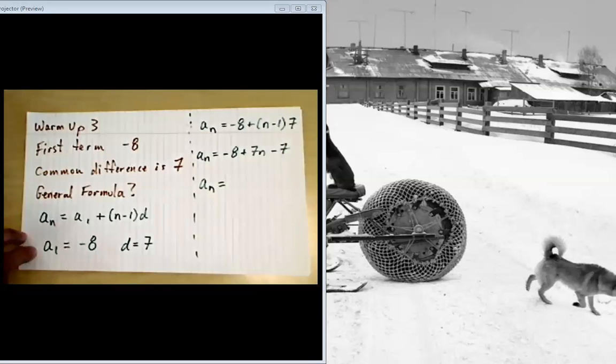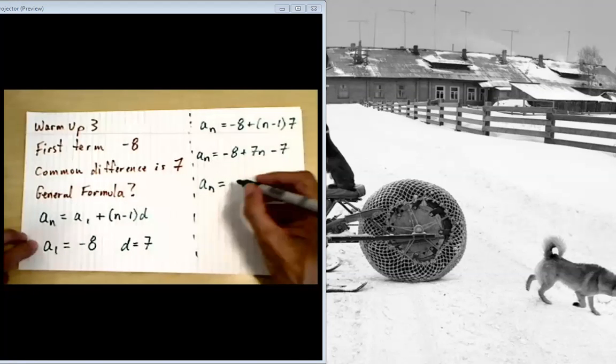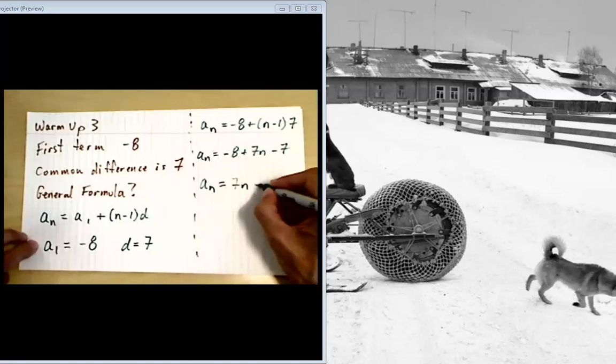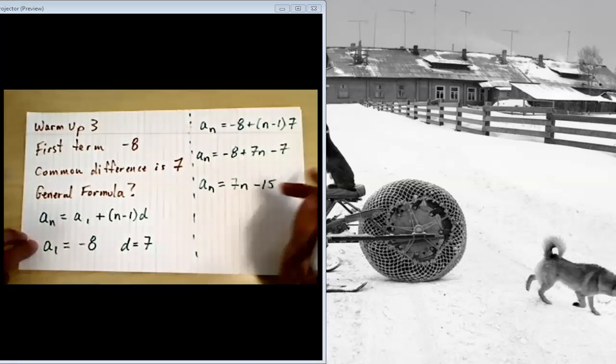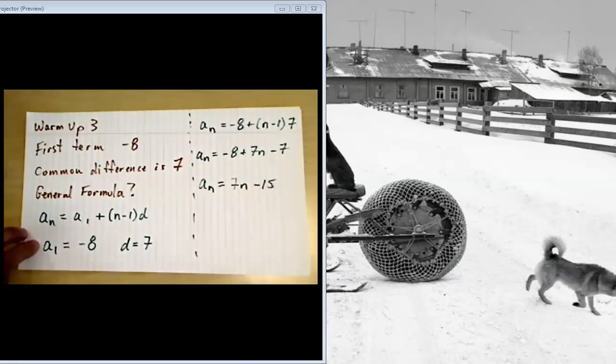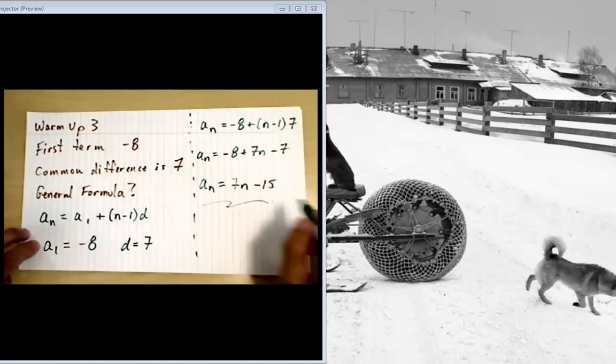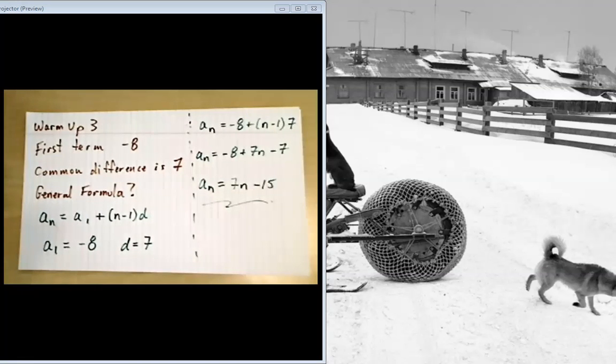How much in total has been taken off? 15. So 15 off, right? So 7n, and because it's taken away, it's going to be minus 15. Final answer. Impressive. Warm up number 3 done.